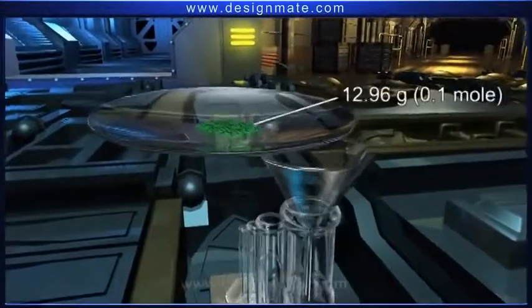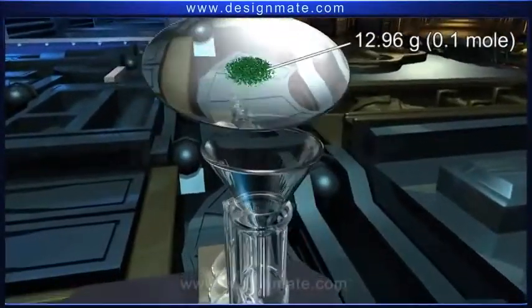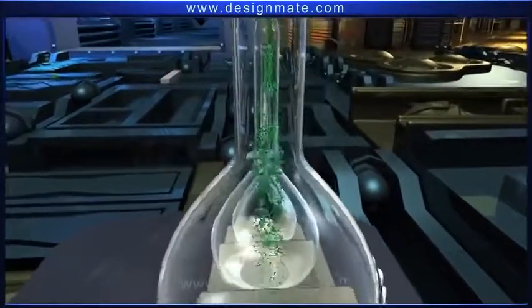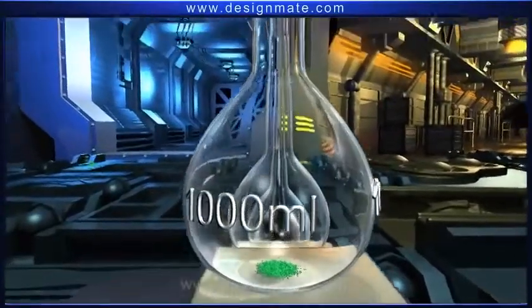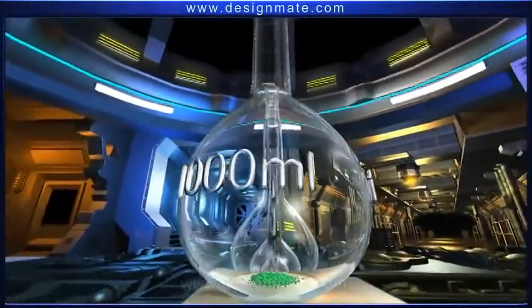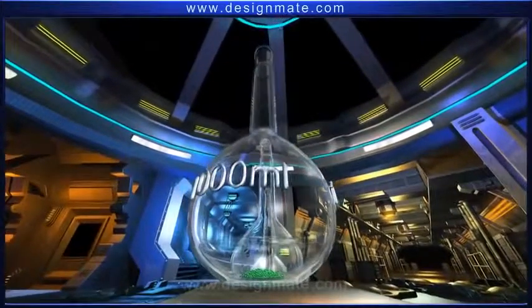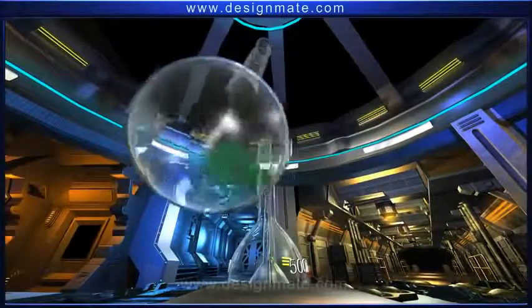Now transfer this accurately weighed NiCl2 into a 1 liter standard flask. Add a small amount of distilled water to it. Swirl the flask gently to dissolve the solute in water.